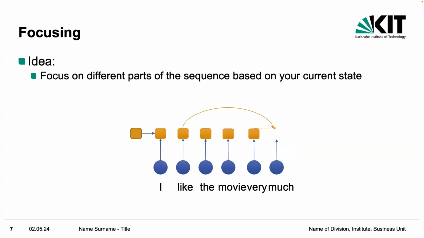So what is the idea of self-attention? When we calculate our new hidden state, for example at the last position, we no longer want to just take what we had previously or a fixed context. The idea is, can we focus on different parts?